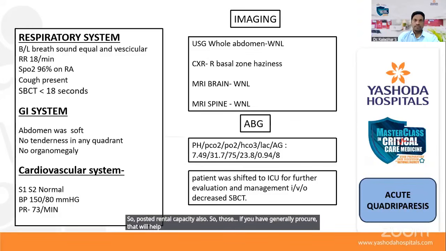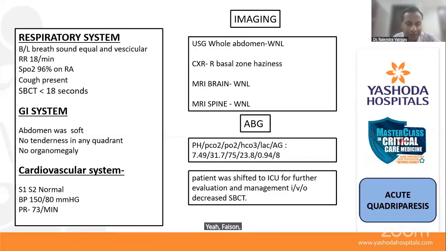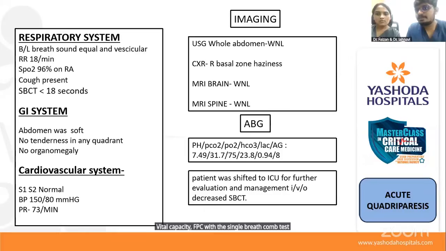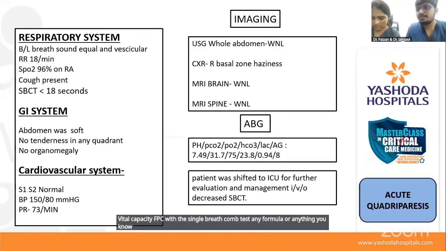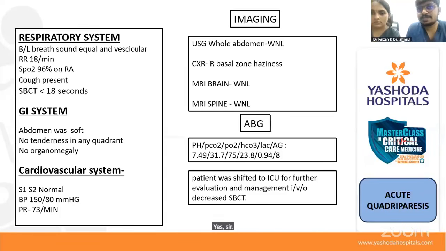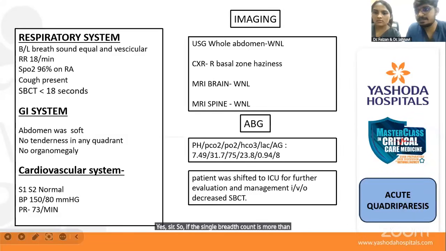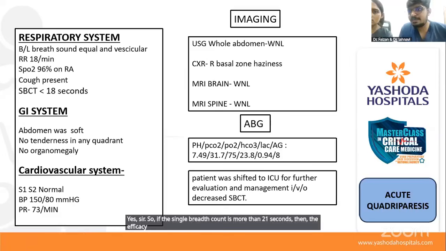Faizan, can you estimate vital capacity, FVC, with the single breath count test? Any formula or anything you know? Yes, sir. If the single breath count is more than 21 seconds, then the FVC will be more than 20 ml per kg body weight, sir.